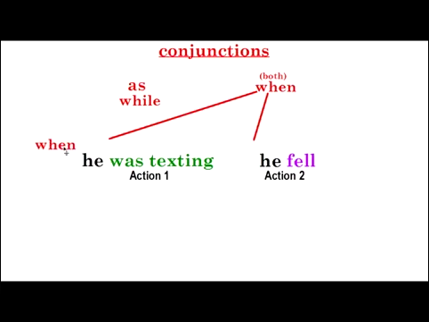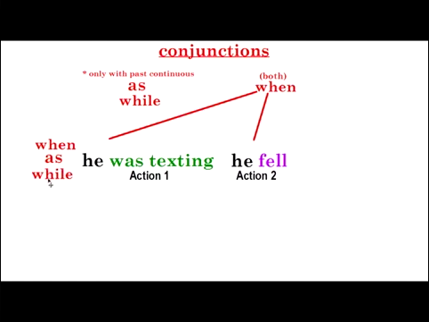Now, the other ones, as and while, are special because they can only be used with the past continuous. So I cannot put it here with the second action. No, I need to put it with the first action. Yes. So I can say, as he was texting, he fell. Or I can use while, and I can say, while he was texting, he fell. Very good. So remember, as and while always go with the past continuous, right? When is flexible, I can use it for both.